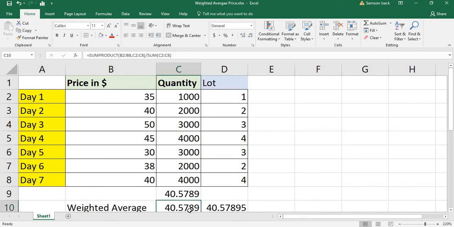Here it is per quantity, where the quantity is 1. Here the lot is thousands of the product, because our assumption is 35 per lot. This is why I made this example with lots, because a lot of people are calculating their shares or weighted average per share.